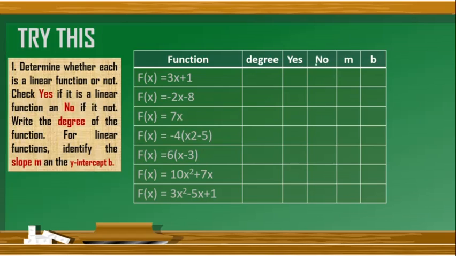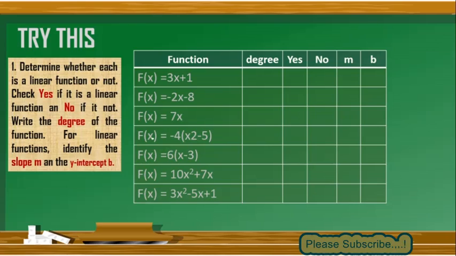If it is yes or no, then this m stands for the slope, and this b refers to the y-intercept, because as we go along with the linear function, we will use the variables m and b, referring to slope and y-intercept respectively.